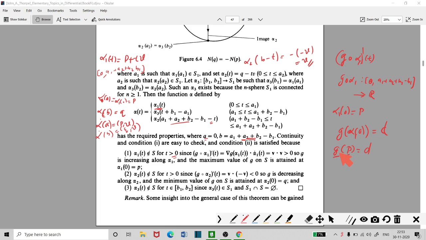So G of p equal to D means G attains the maximum value at p, that is D. Now G is increasing along alpha 1, so G attains values which are greater than D.